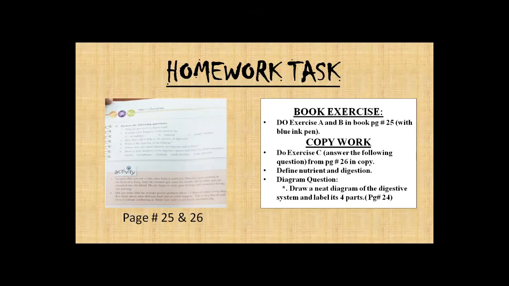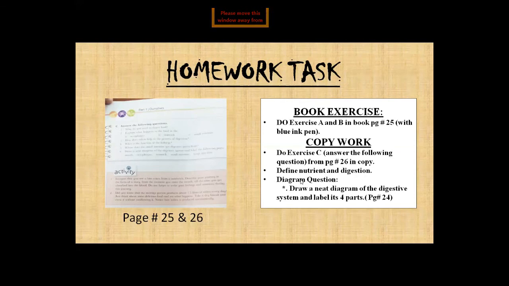And what is the copy work? The copy work is do exercise C. Answer the following questions from page number 26 in the copy. The other question is define nutrient and digestion.